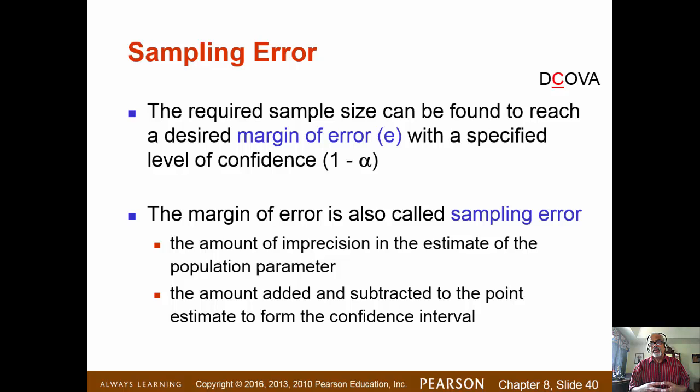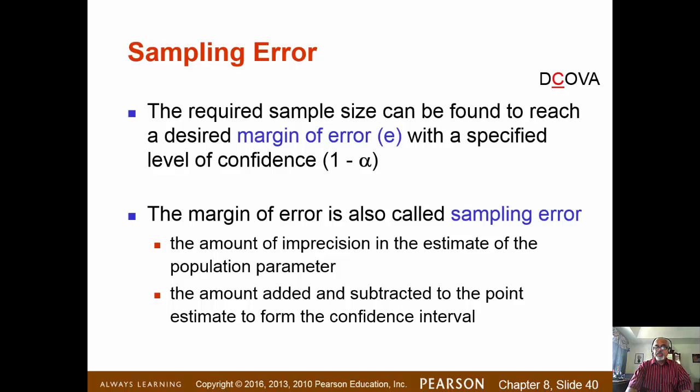If you take a confidence interval, you take the sample mean and then we subtract from that the margin of error, add the margin of error, and we get the confidence interval. So how big is that margin of error, or what determines the size of the margin of error?